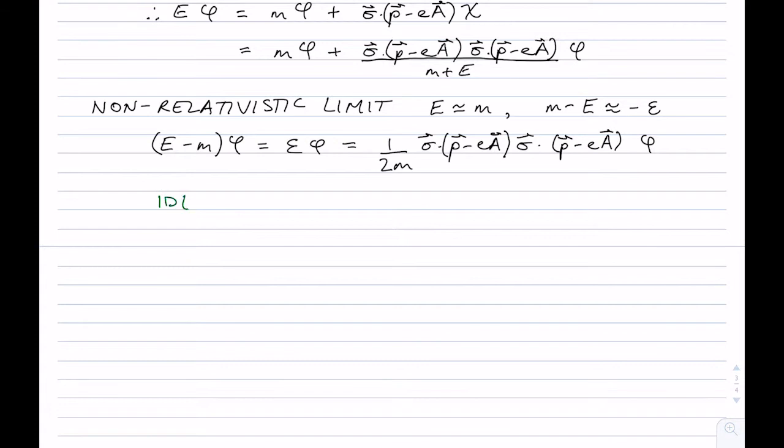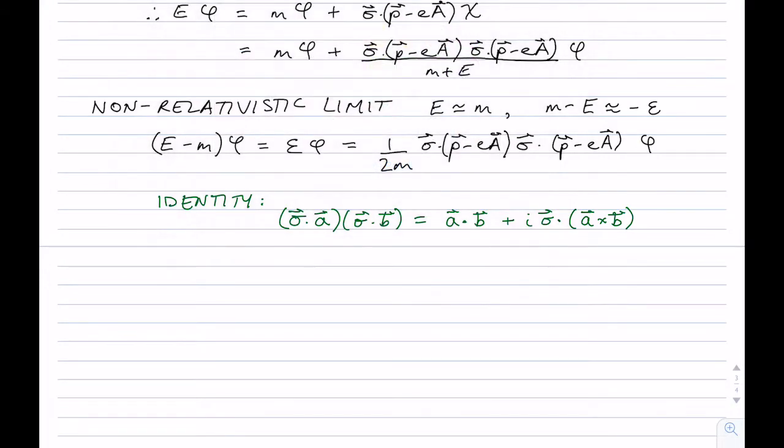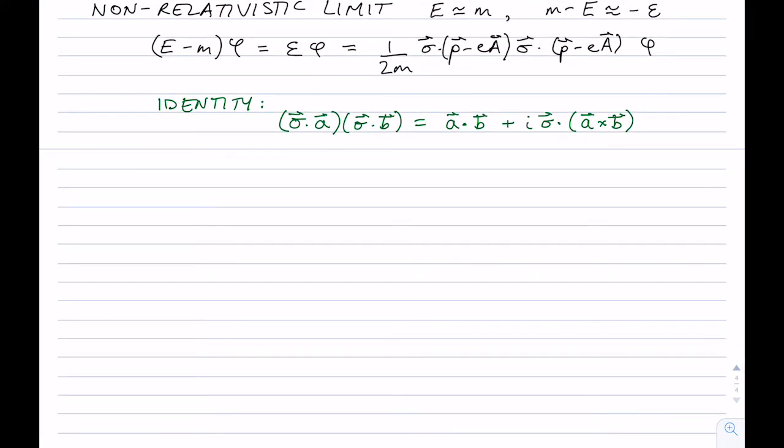So the identity we need is sigma dot A, where A is some vector, sigma dot B, and B is another vector, equals A dot B plus i sigma dot A cross B. So you can prove that yourselves. That's the identity that we use.